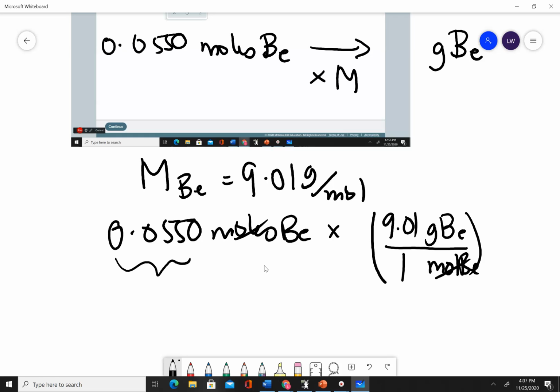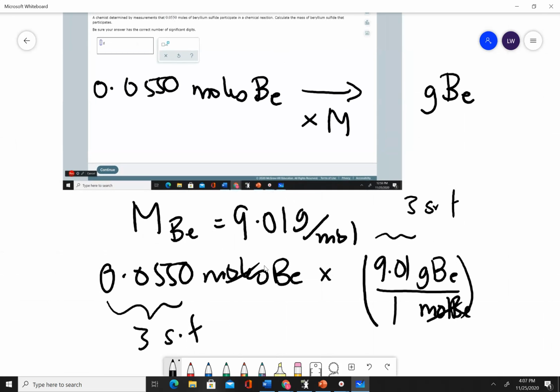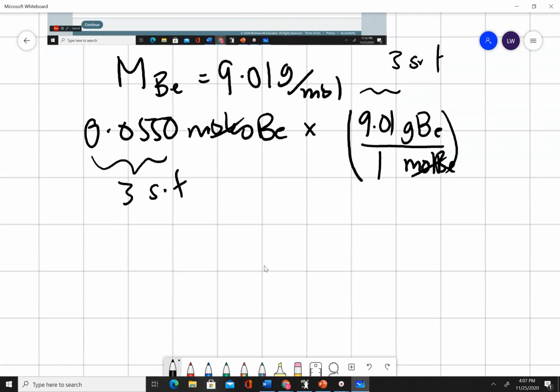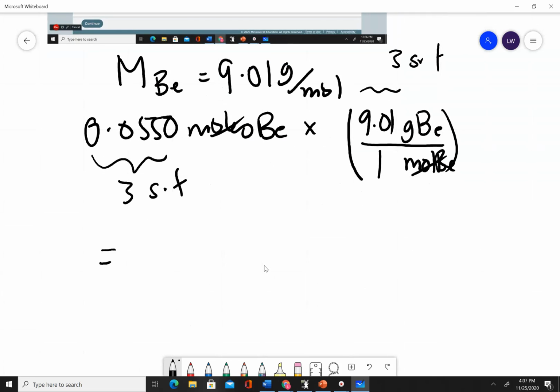Now, this guy here, 3 sig figs. This guy here, 3 sig figs. The question just asks give your number to the correct number of significant figures, so we're going to give our answer to 3 sig figs. So 0.055 times 9.01 ends up being 0.496 grams of beryllium.